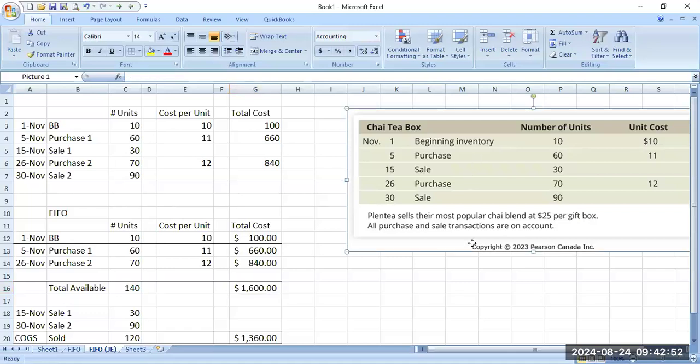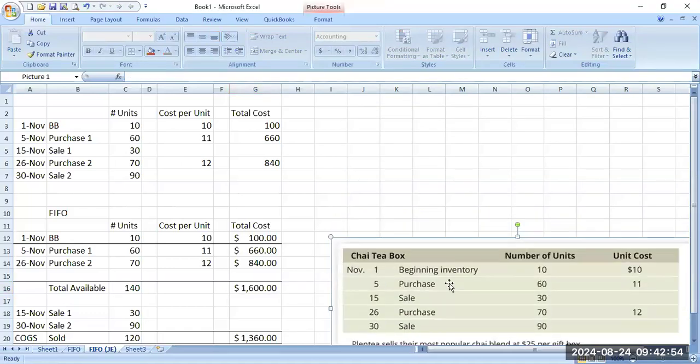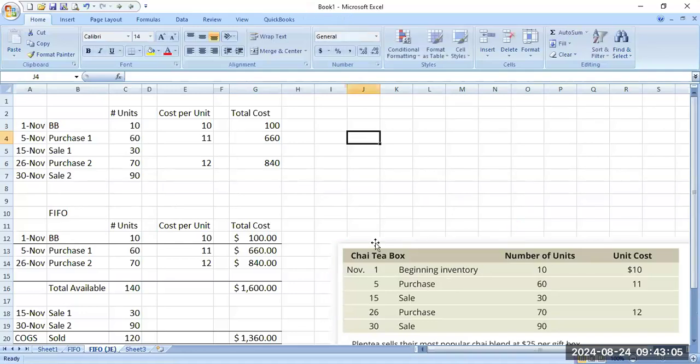From every transaction, I have to make a journal entry. The first journal entry is related to the purchase. Let's go with the first purchase. The first purchase is on November 5th. So on November 5th, we're going to have the following journal entry.